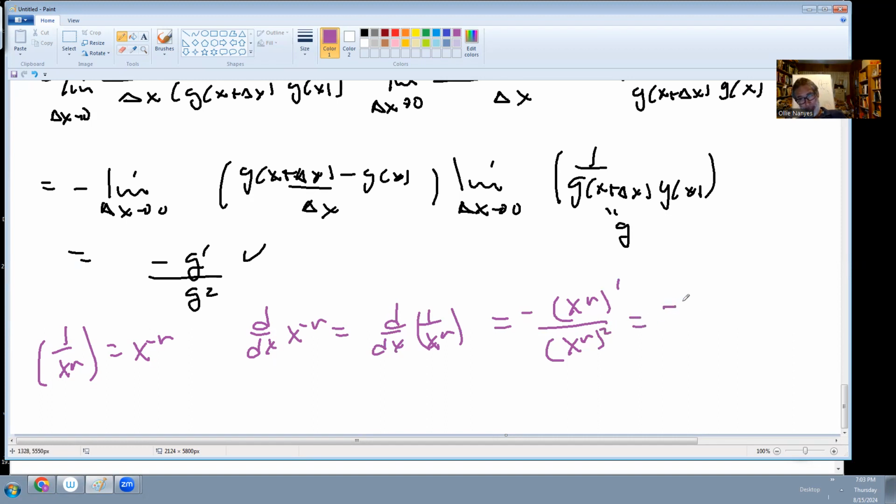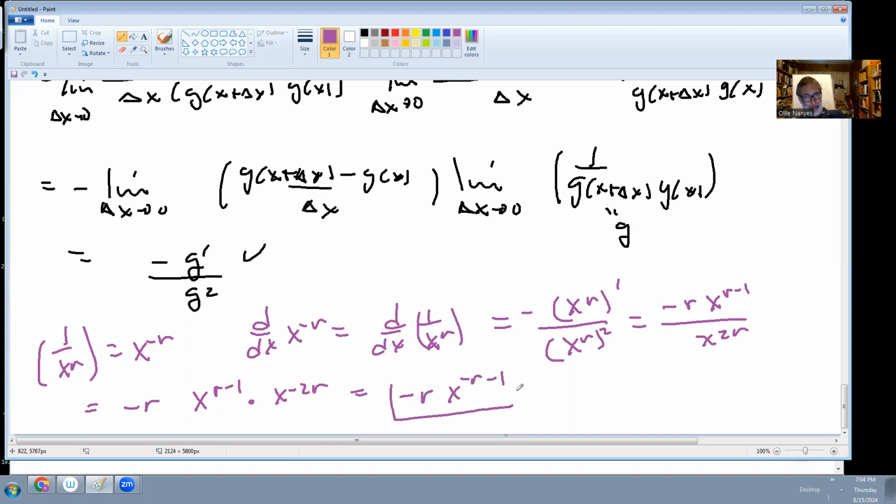Well, we know what that is, minus r, x to the r minus 1. The bottom is x to the 2r. So it's minus r, x to the r minus 1, times x to the minus 2r. Well, r minus 2r is minus r. And lo and behold, that's the formula we needed to prove.